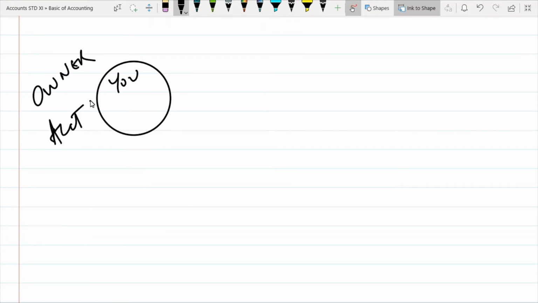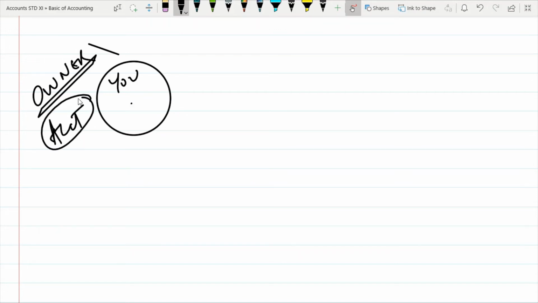Now everybody cannot afford to have an accountant. So what they do is they play the role of owner and they play the role of an accountant. But always remember, owner is separate, especially when it comes to capital. Okay, when it comes to introducing capital, owner is separate and business is separate.